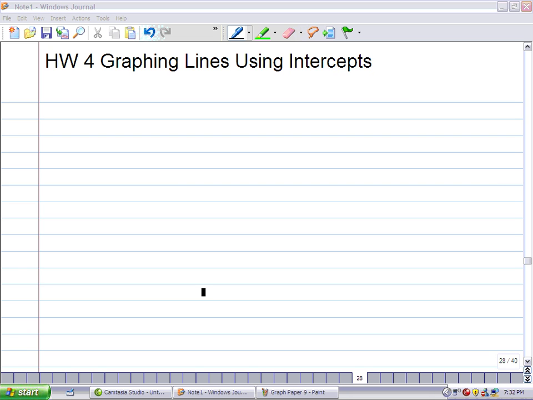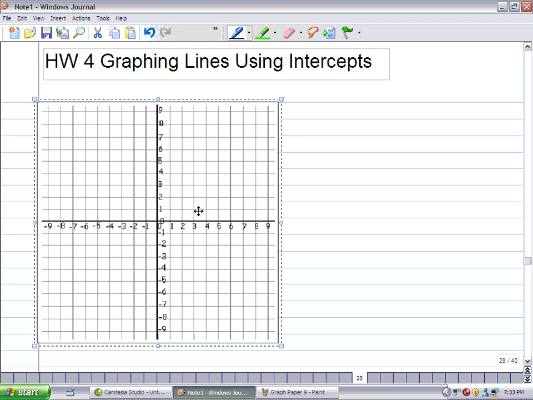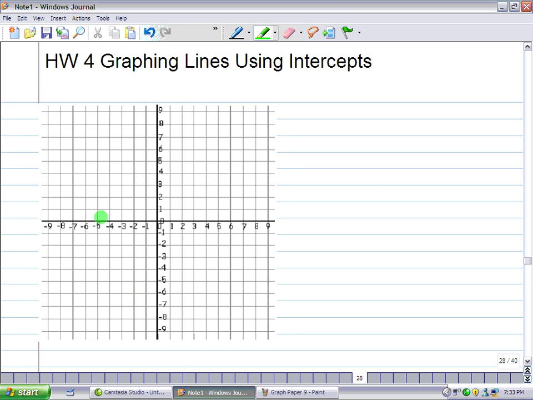In this section, we're going to see a shortcut for graphing lines using intercepts. Remember, intercepts are the ones that touch the axes. So an x-intercept touches the x-axis. If it's on the x-axis, its y value is 0. So x-intercepts have y equal to 0.